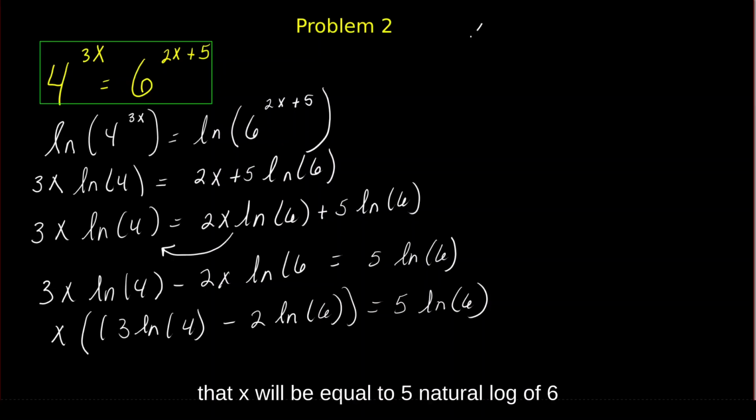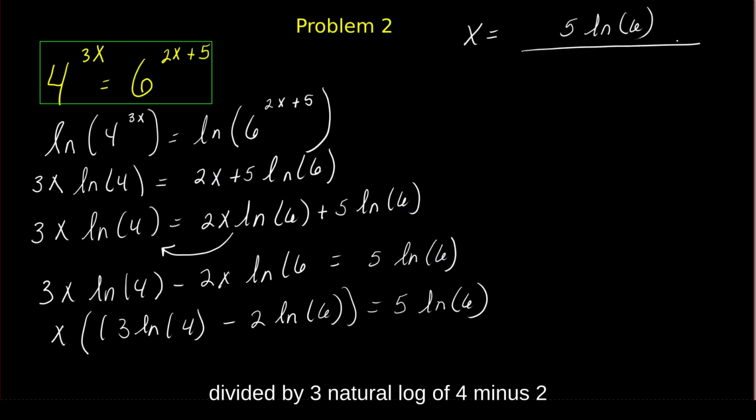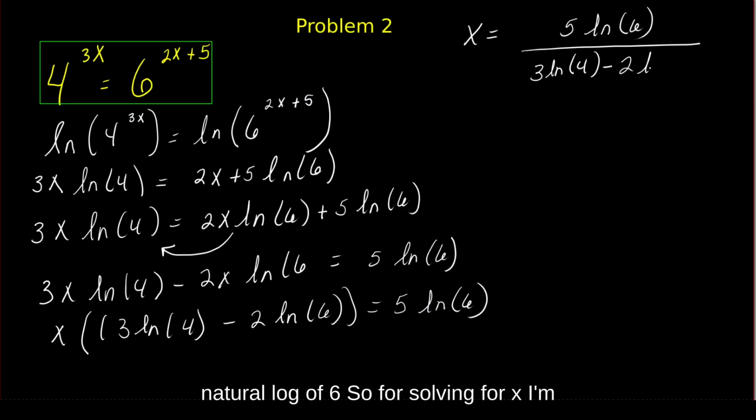Okay, so I can say then that x will be equal to 5 natural log of 6 divided by 3 natural log of 4 minus 2 natural log of 6.